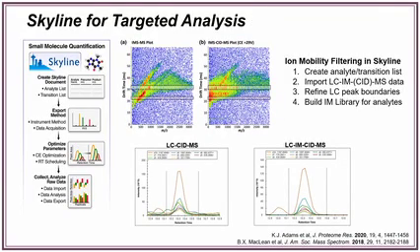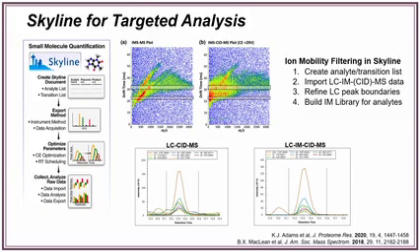So Skyline is really nice if you're trying to find particular analytes in your data. If you have a set of metabolites that you should be seeing in your experiment, you can program Skyline to specifically extract out that information. In that sense, it needs to be used in a targeted way, but because it's very simple to work with, there are groups using this in a very large scale targeted manner, where you put in a lot of potential metabolites that you might see and use it to pull out that data.